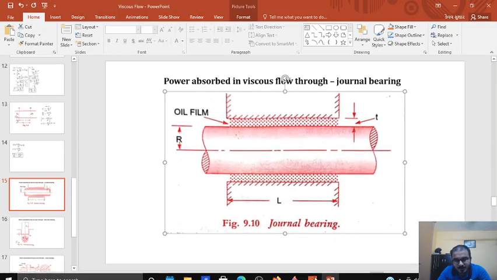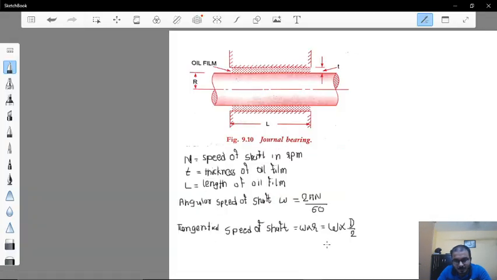So here it will be equal to pi d N upon 60, and now the shear stress value tau is equal to mu into du upon dy. Here let's discuss du upon dy.